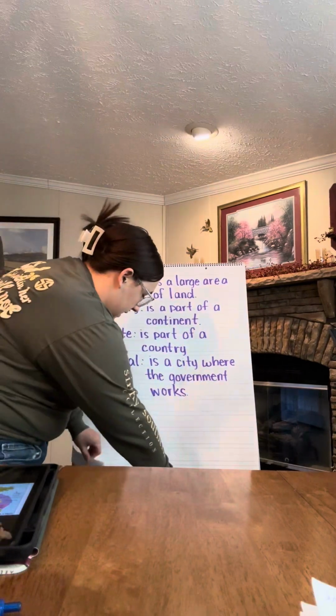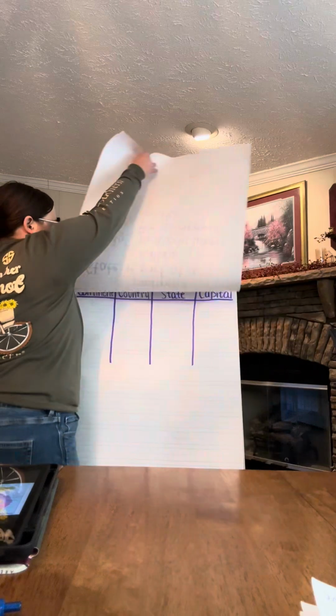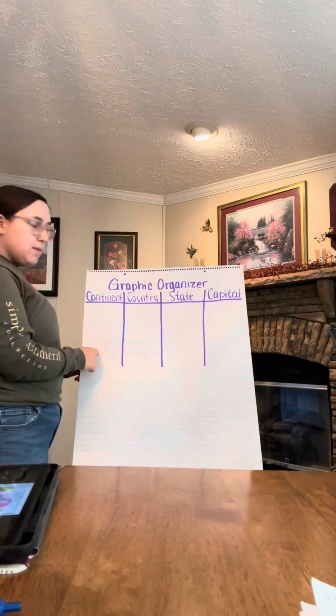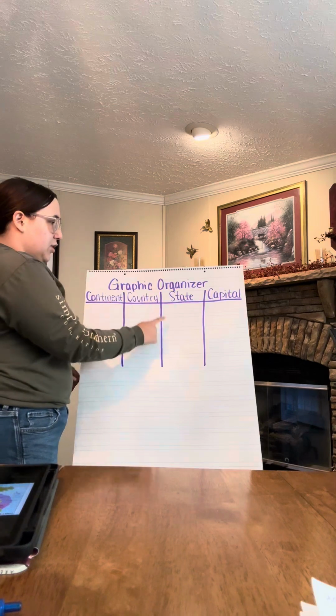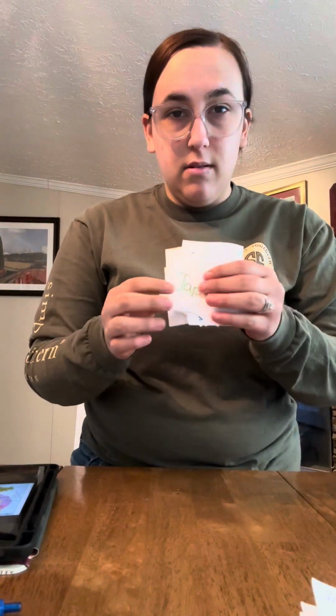Next, each of you guys has a graphic organizer on your desk. It should look like this. It should have 4 different spots: continent, country, state, and capital. Before we get started on this, each of you should have cards. They are color-coded.